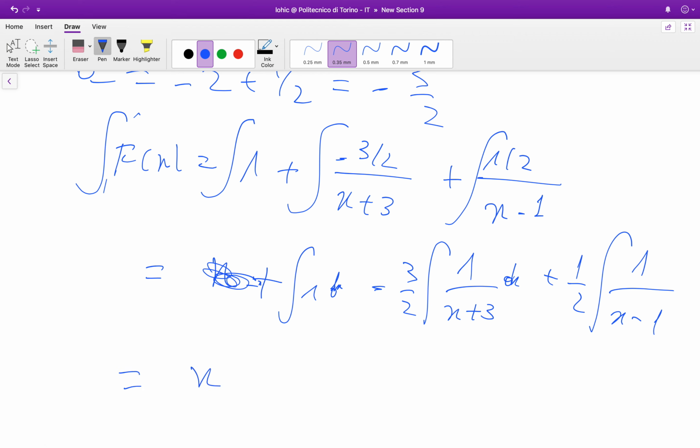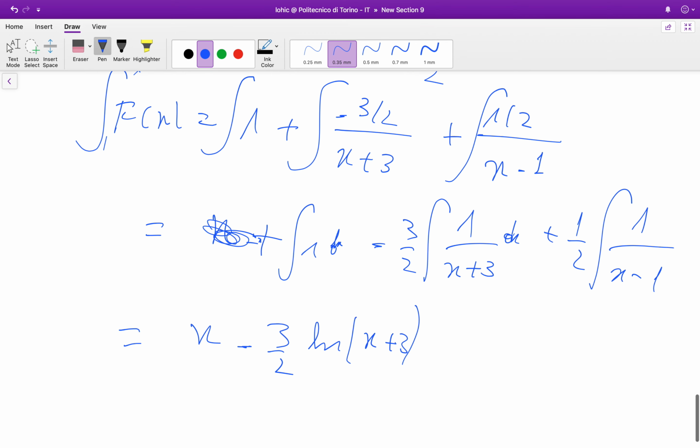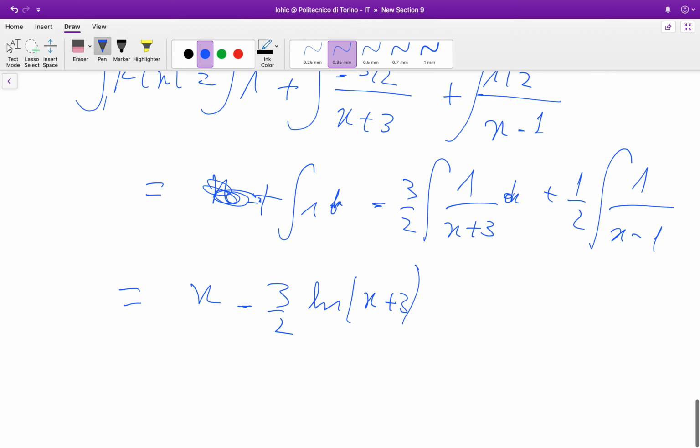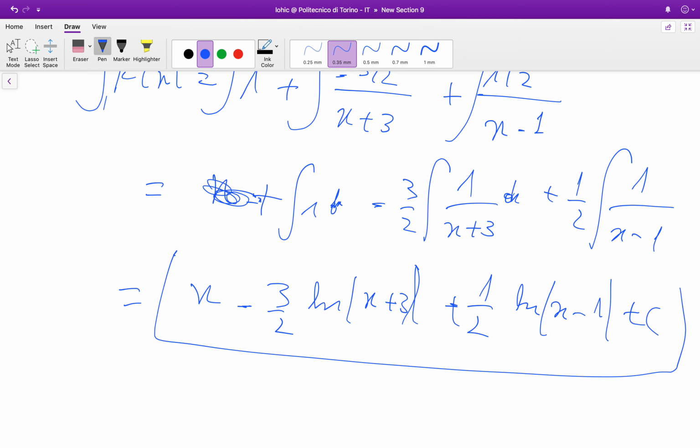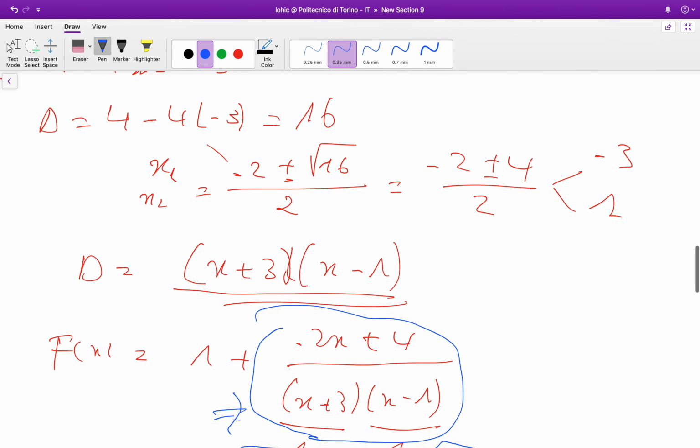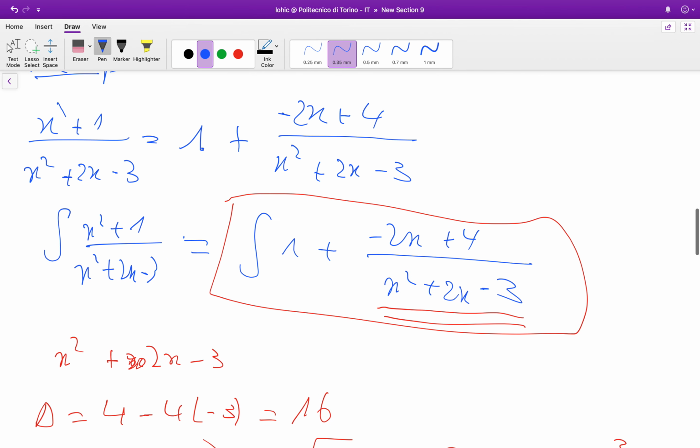So it is x minus 3 over 2 ln of the absolute value of x plus 3, plus 1 over 2 ln of the absolute value of x minus 1, plus c. So this concludes the integration we wanted to do, yes or not?